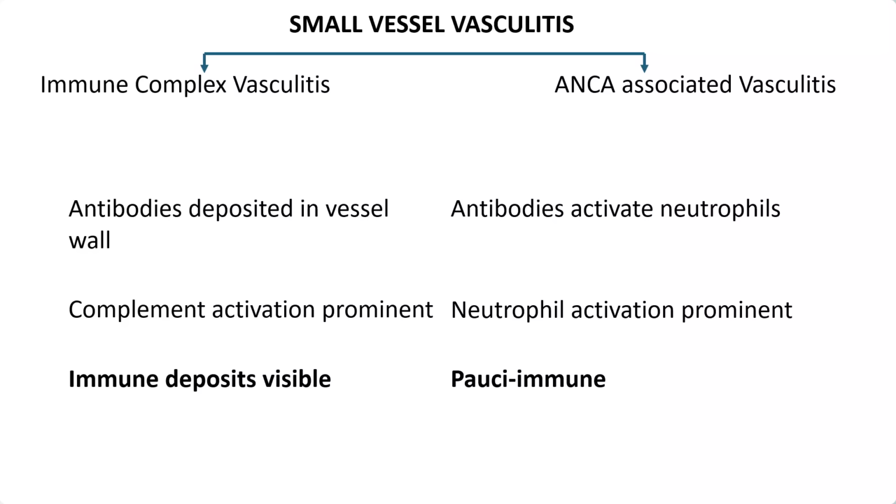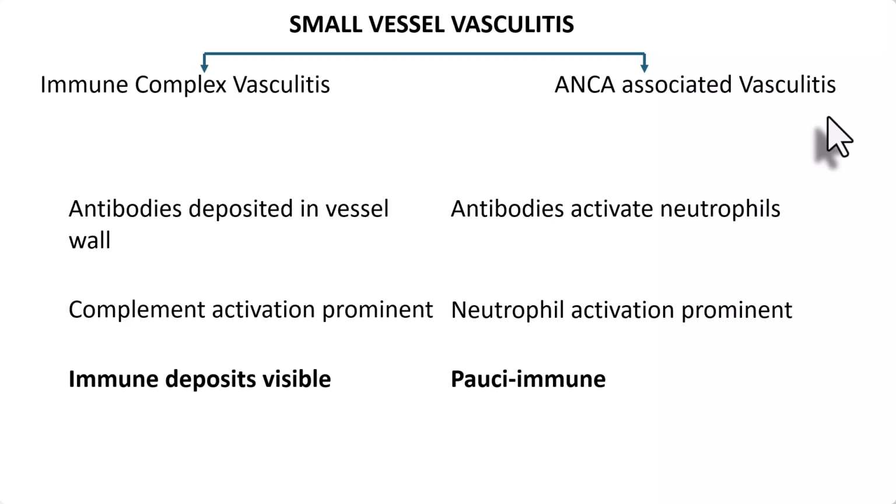In immune complex vasculitis, the antibodies are deposited within the vessel wall, where the complement activation is prominent here. Immune deposits are visible in case of immune complex vasculitis. Whereas in ANCA associated vasculitis, antibodies activate the neutrophils.